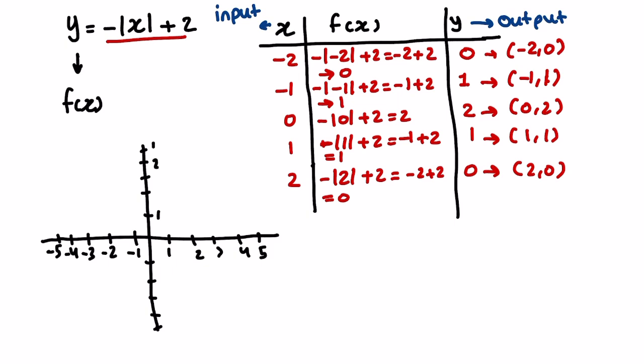This is positive 1, 2, 3, 4, and 5 here. So in the bottom part, we don't need it. So here, let's say that -2 and 0. So -2 and 0 will be in this part.